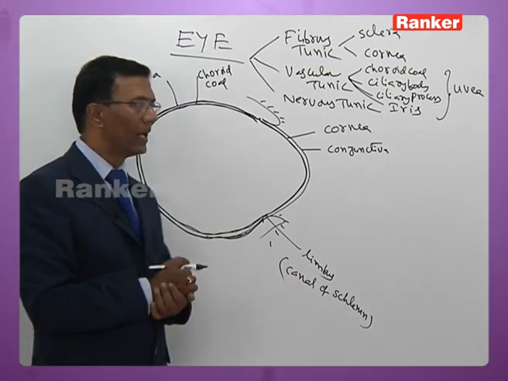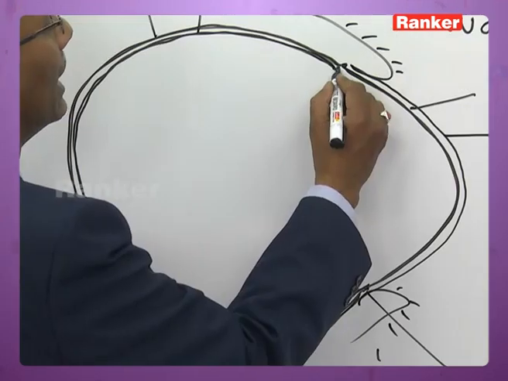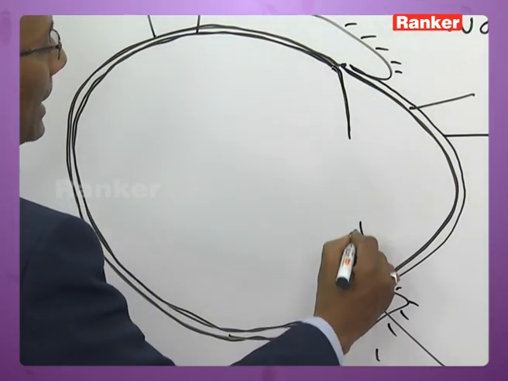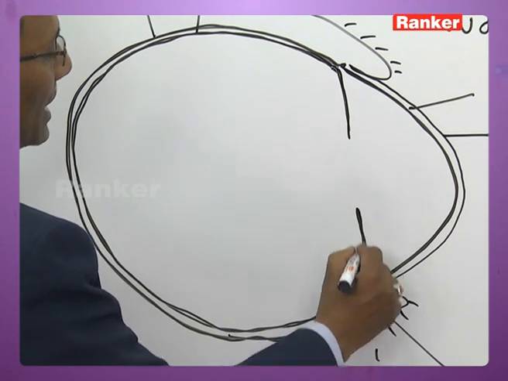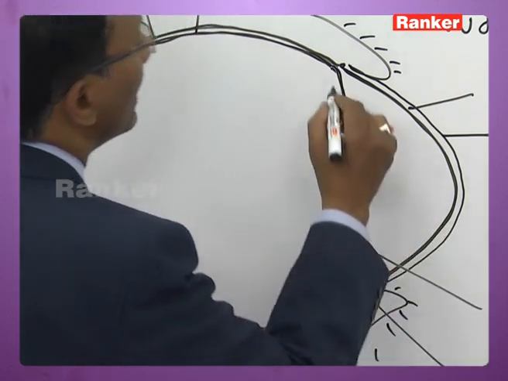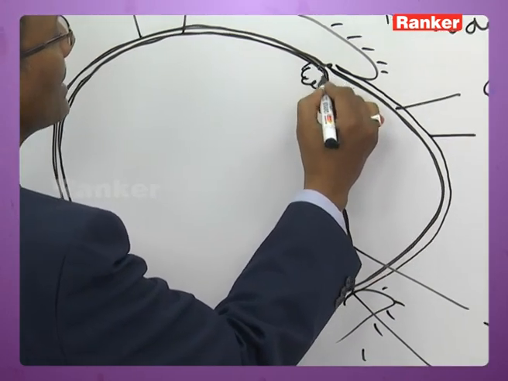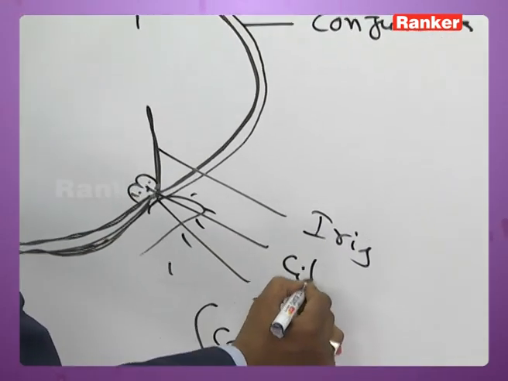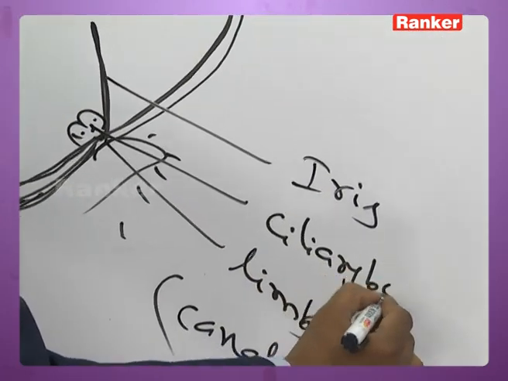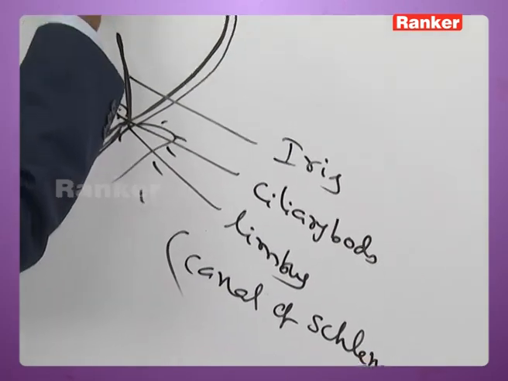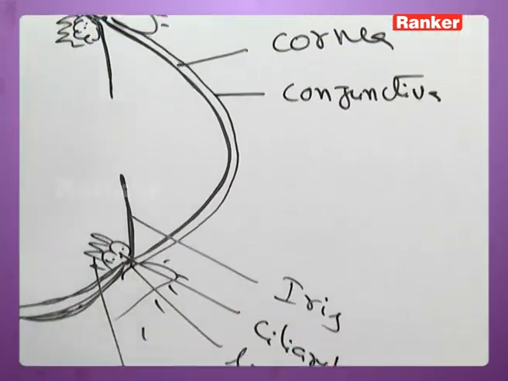Towards the anterior end, it extends into the eyeball in the form of the iris diaphragm. Towards the inner side, it has a structure like this called the ciliary body, and the ciliary body in turn gives rise to ciliary processes.